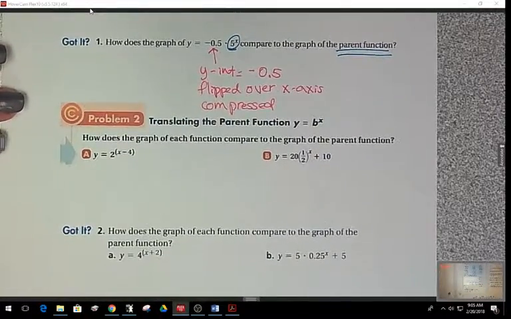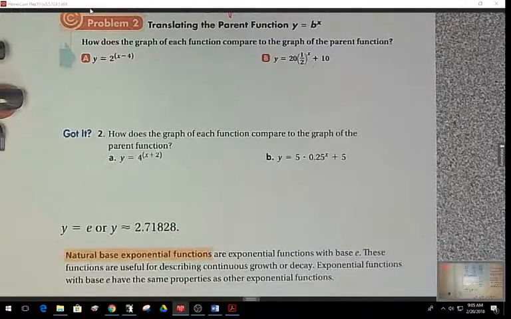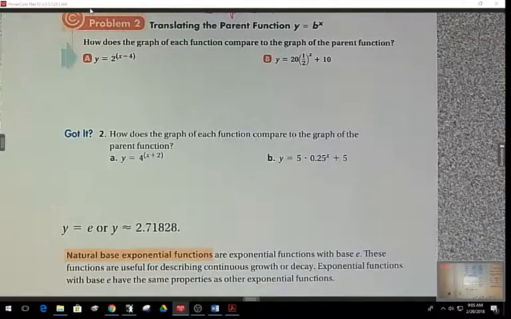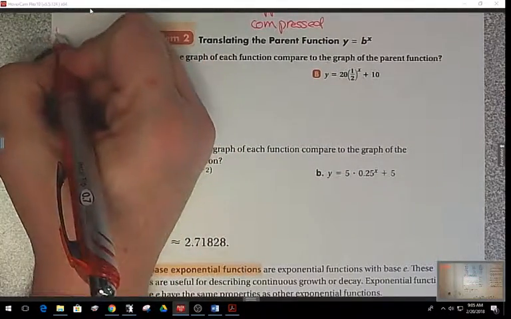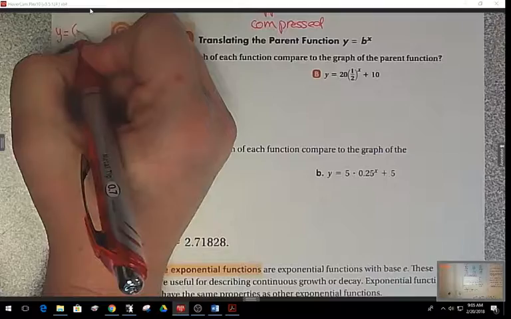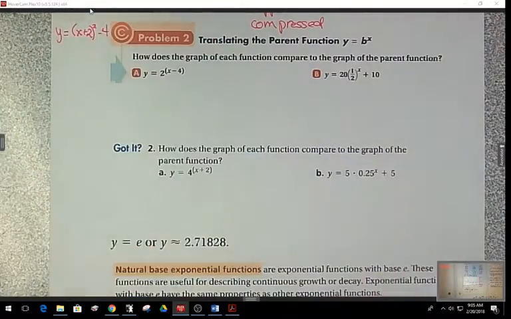So now, all of the translation shortcuts we learned earlier in the year still apply for exponential functions. Do you remember when we had y equals x plus 2 squared minus 4?